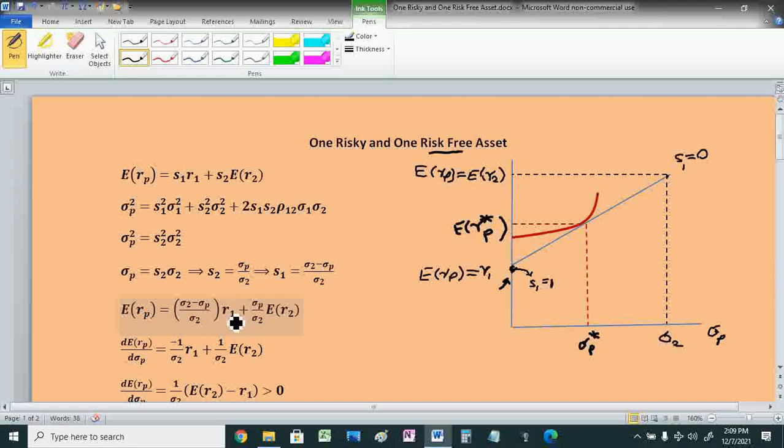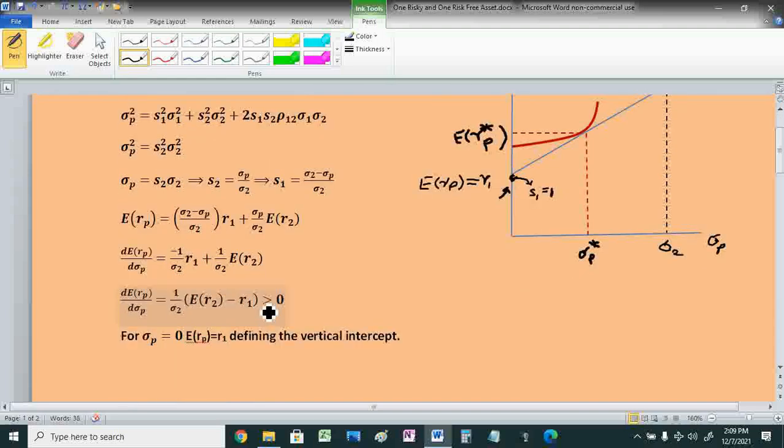And see that when I take the derivative of this equation with respect to the standard deviation of the portfolio, I get this result, which gives me finally this equation, which is greater than 0 because E(R2) is greater than R1 and sigma 2 is positive, so everything in parentheses is greater than 0, and this entire term becomes greater than 0.